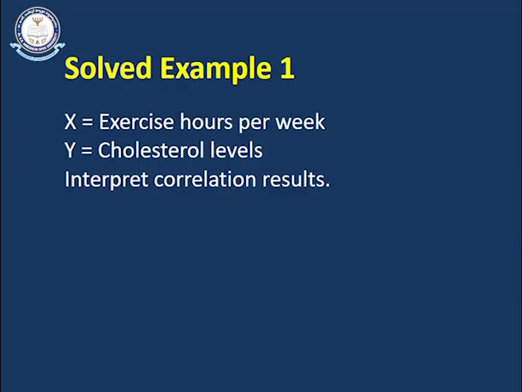Let us look at solving, or you can get the data, especially on the x-axis you have the exercise that you have done as per the number of hours per week. Let us say that I have exercised 20 hours per week. Then I plot the data on the x-axis. That is where my x variable is inserted with the data.